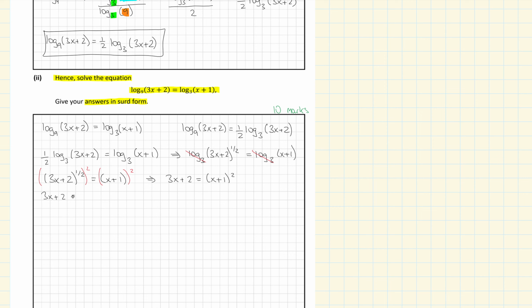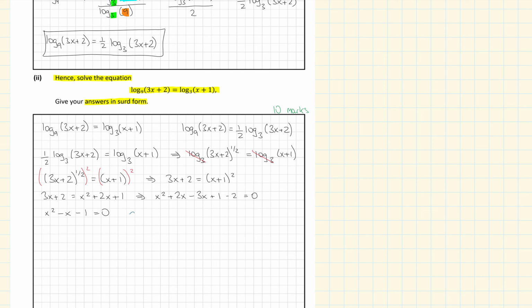Expand out that bracket and you get x squared plus 2x plus 1. We want to rewrite to get it on the one side. X squared plus 2x minus 3x plus 1 minus 2 equals 0. X squared minus x minus 1 equals 0.